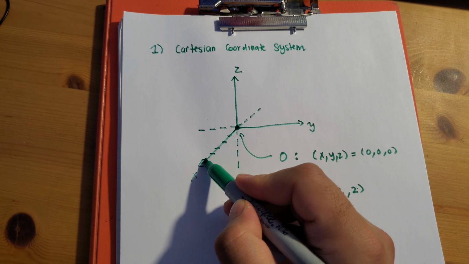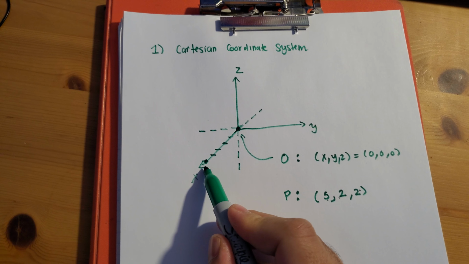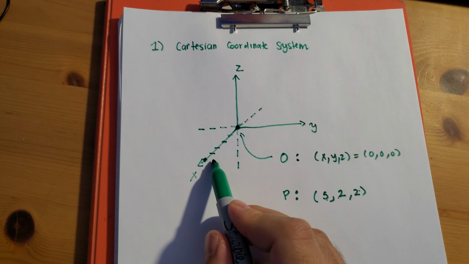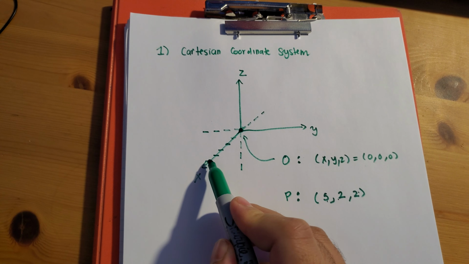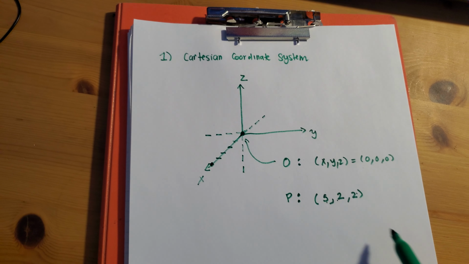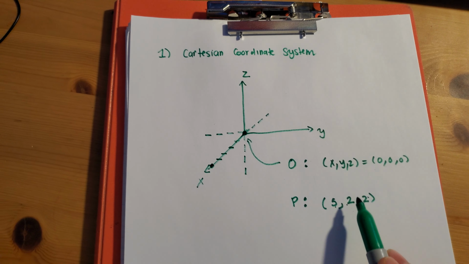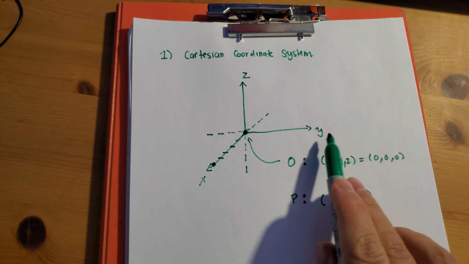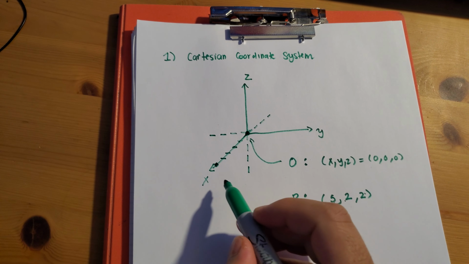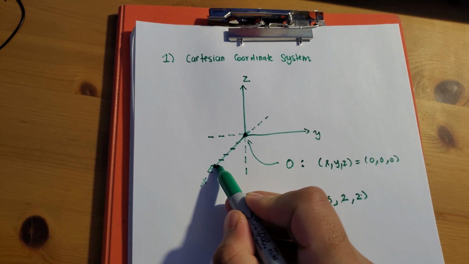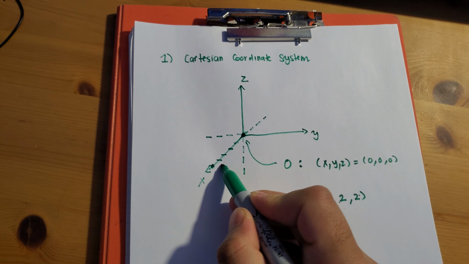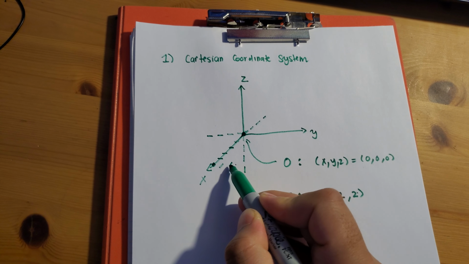So 5 steps would take us to about there. Now that's not our point right now, because we've only moved in the x direction. From here, what we'll do is we will move 2 steps in the positive y direction, which means that we can see the y direction goes left to right. So 2 steps in the positive y direction would mean we go 1, 2 to the right, like this.